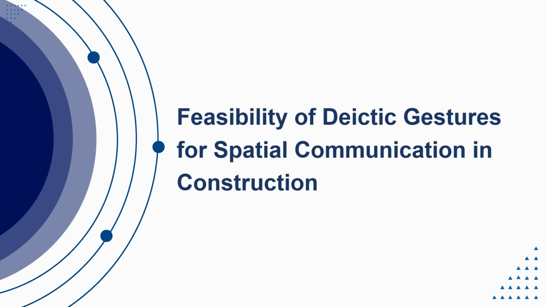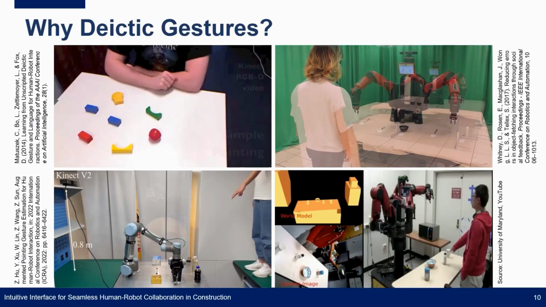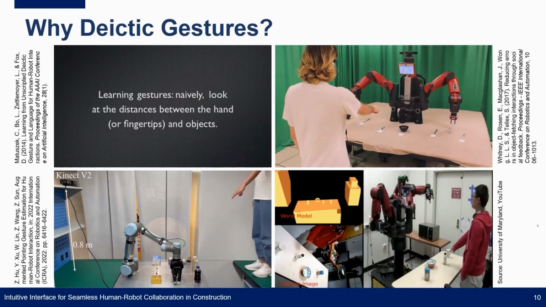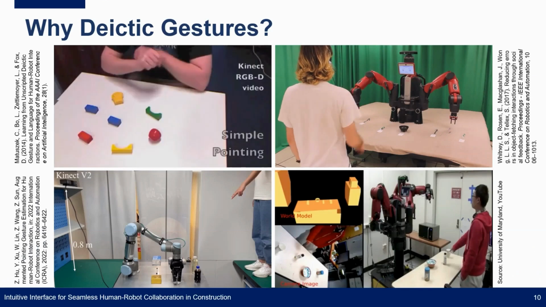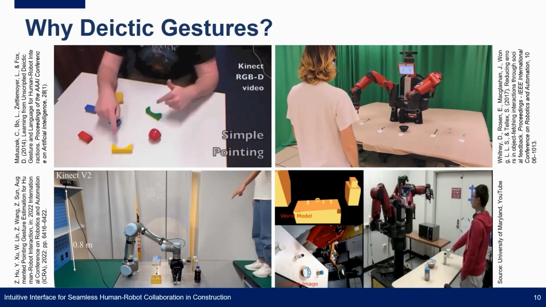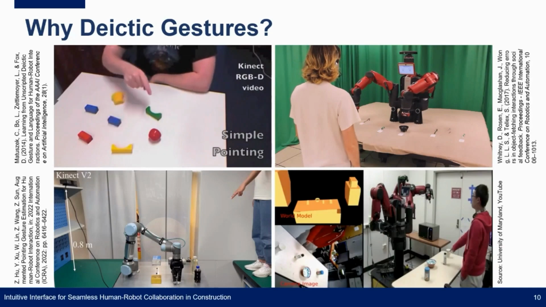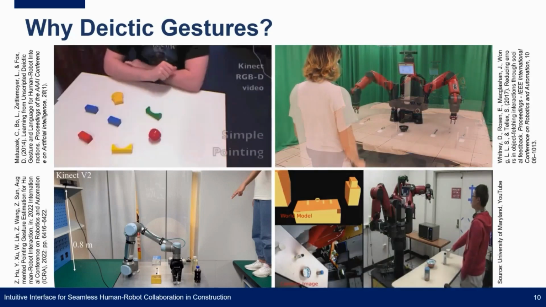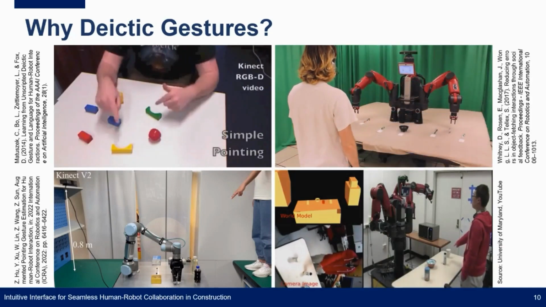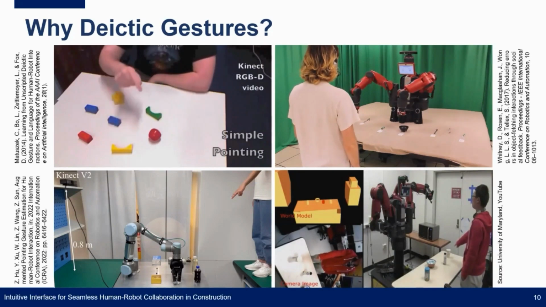One method we looked into was the use of deictic gestures. Deictic gesture is using our hands to point at objects or certain locations related to the tasks.